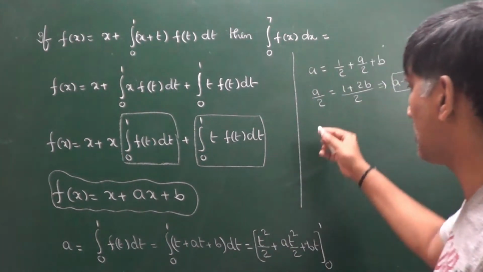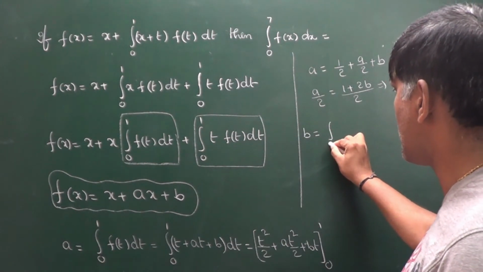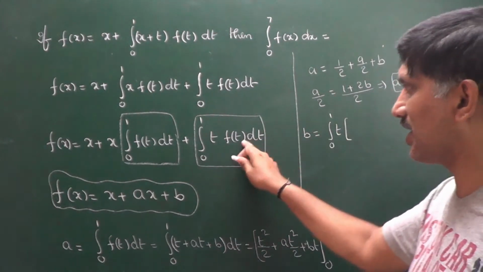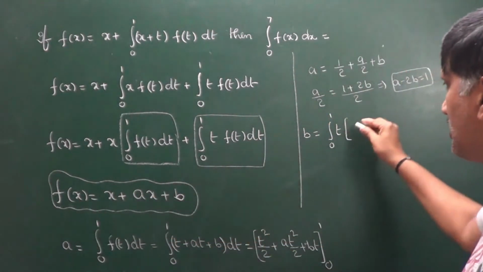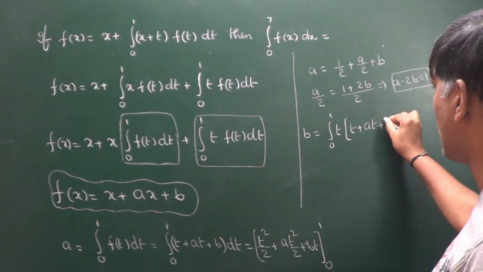In the similar way, what is b? b is equal to integral 0 to 1 t into f of t. f of t means what we can write? t plus at plus b.